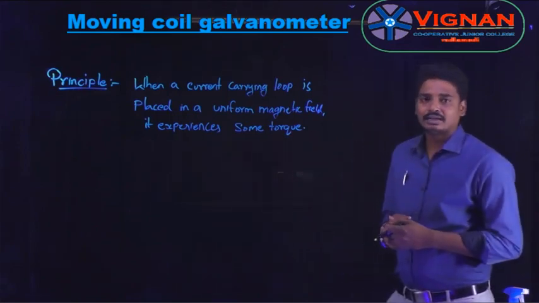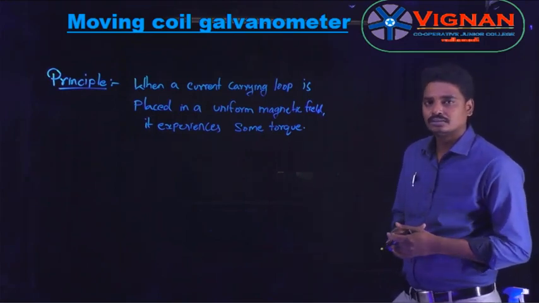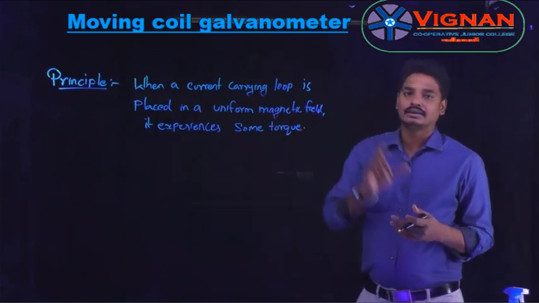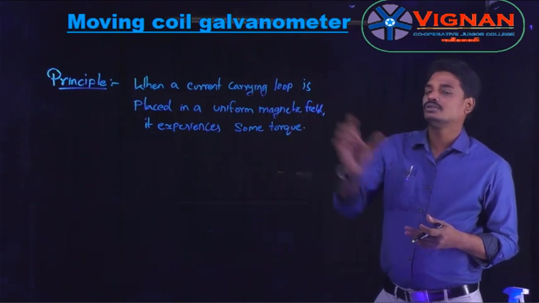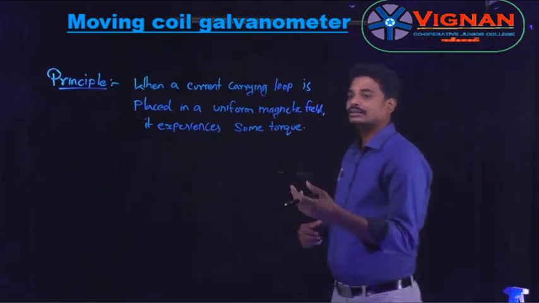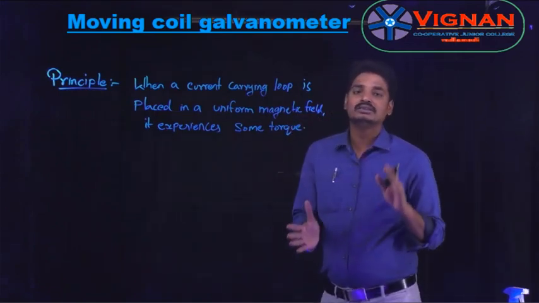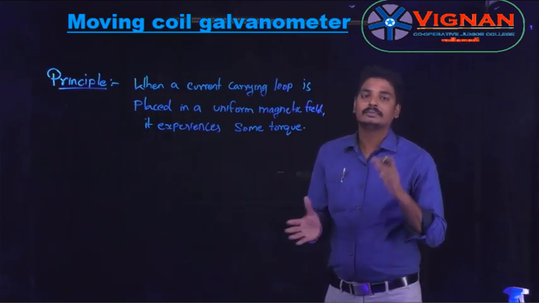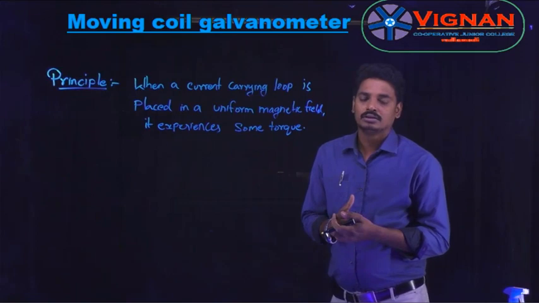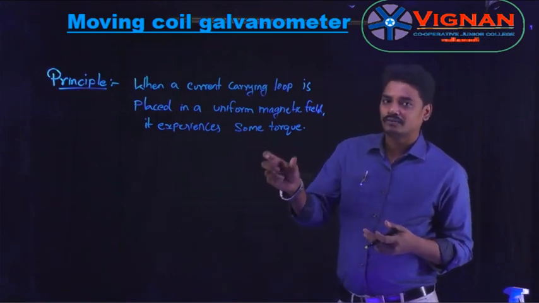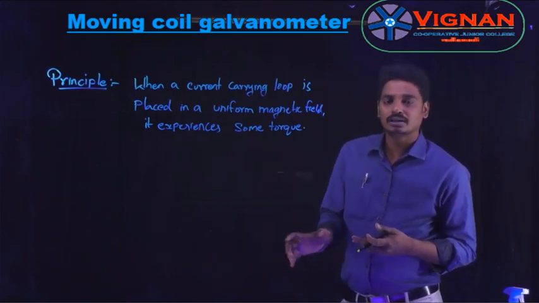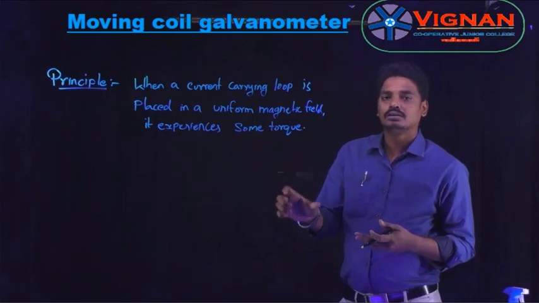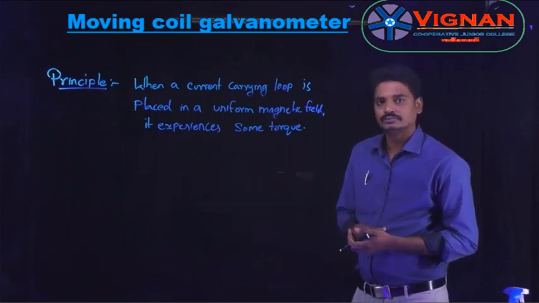Whenever the current which we want to measure is passed through this current carrying loop placed in a uniform magnetic field, it experiences some torque, which means it is able to rotate and it makes some deflection. By that deflection we are able to measure the current flowing in the given circuit.